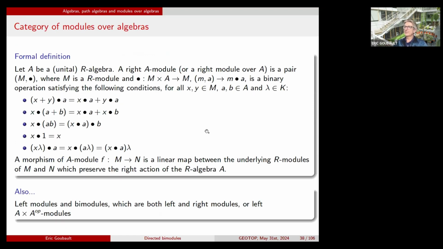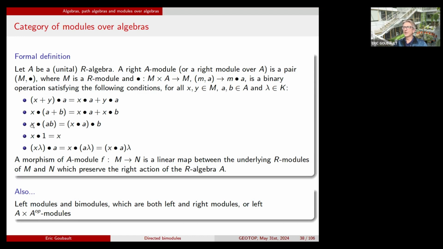Then now from the path algebra, let me see. I can define bimodules on a path algebra. So it's like modules of this algebra. It's like a module of a ring, right? But it adds on the fact that you have to say what happens with the external multiplication. So if I'm defining a right A module where A is an algebra, I have to say what happens if I multiply two elements of the algebra and then look at the action of this algebra element onto the module on the right.